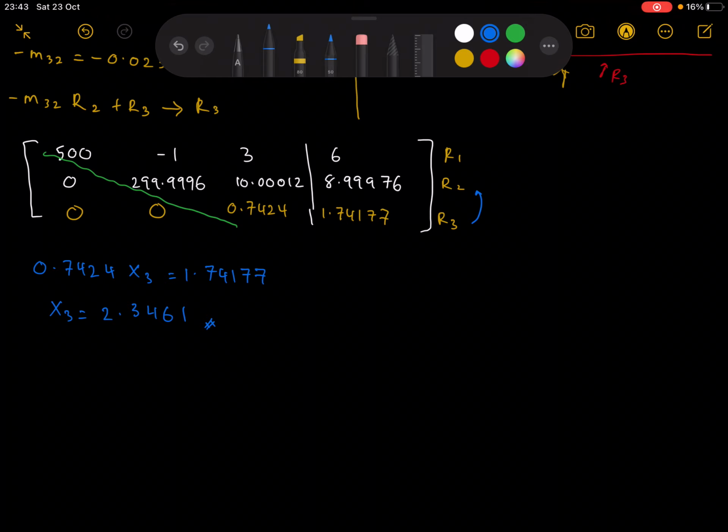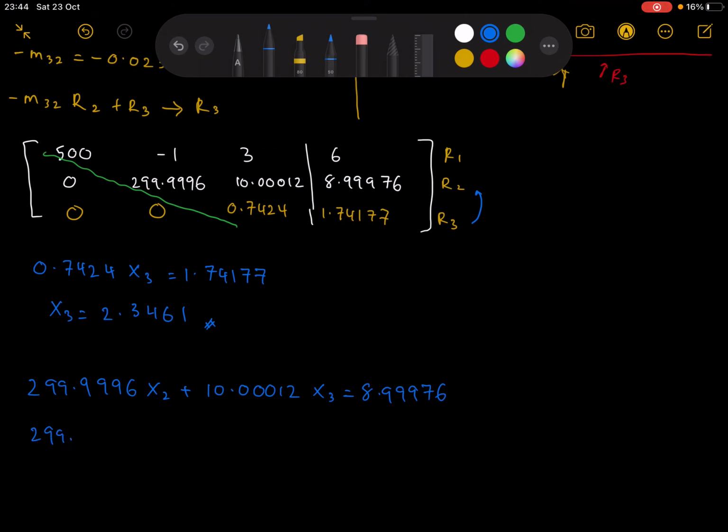So from the second row, 299.9996 x2 plus 10.00012 x3 is equal to 8.99976.